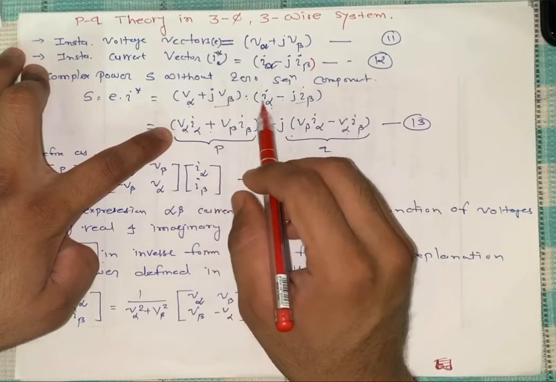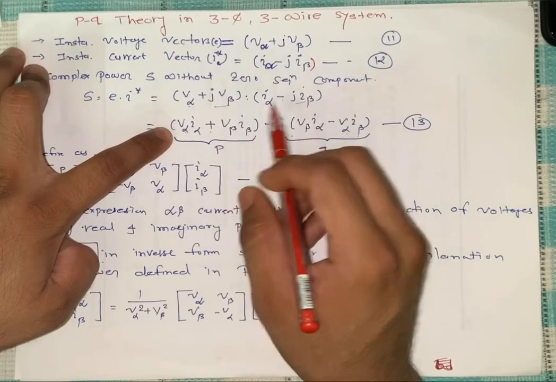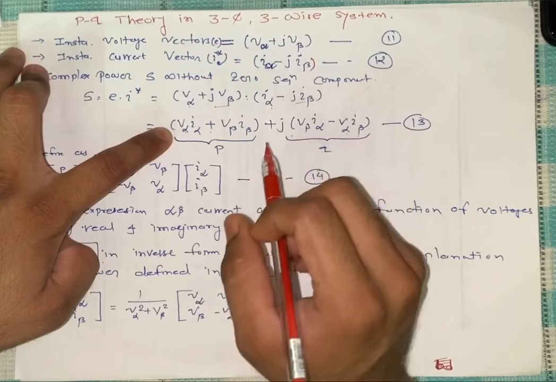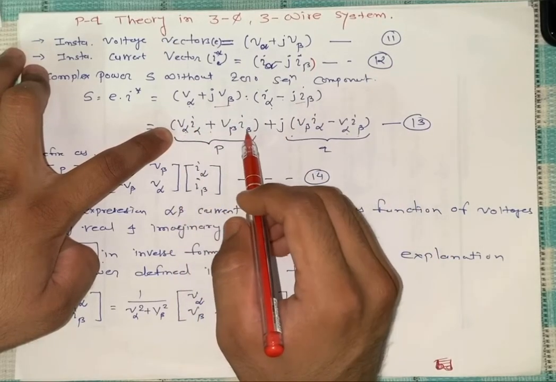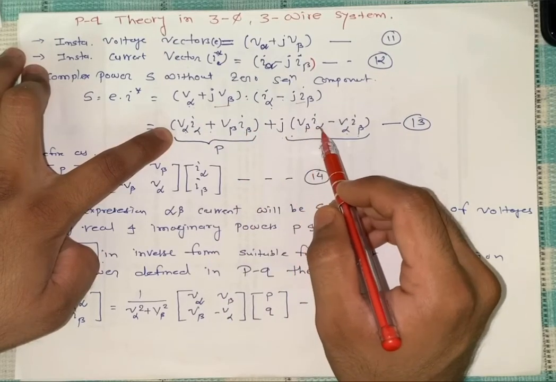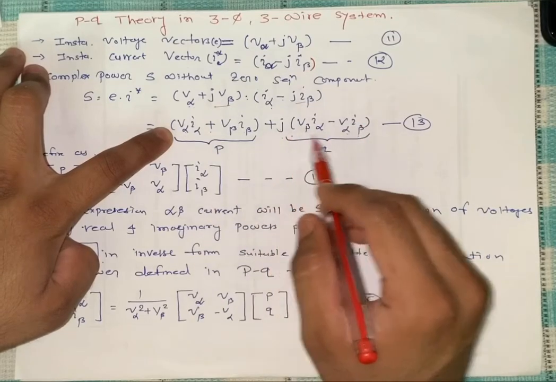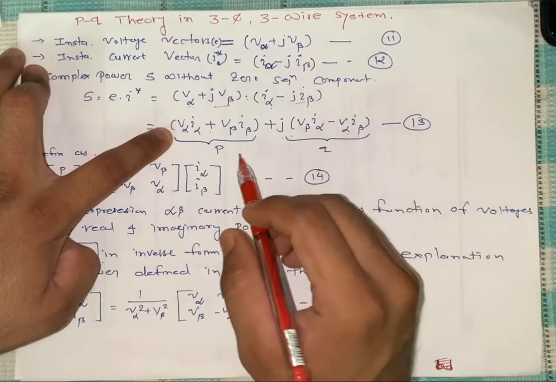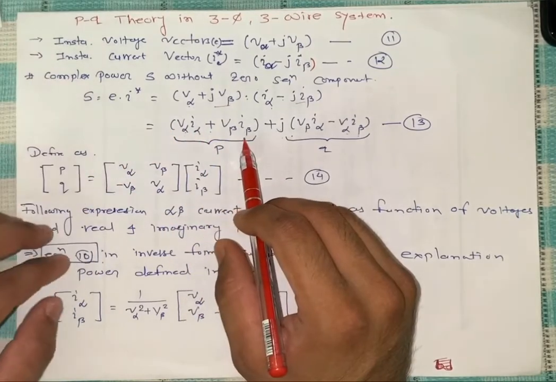Similarly, j V beta into I alpha, and j V beta into minus j I beta, where j squared is minus 1, which makes it plus V beta I beta. So we separate: V alpha I alpha plus V beta I beta, plus j times V beta I alpha minus V alpha I beta. That is the j term, the imaginary part, the reactive component of power, while the real part is the active component.